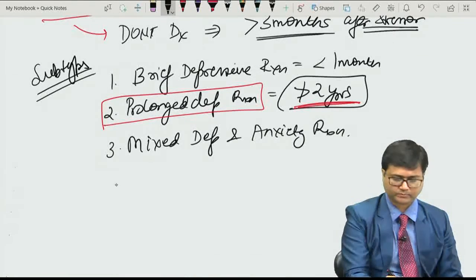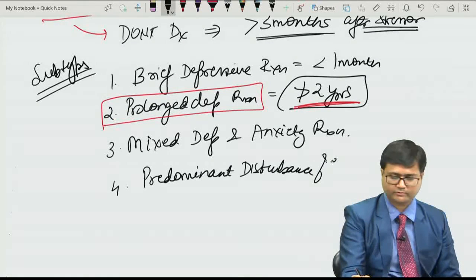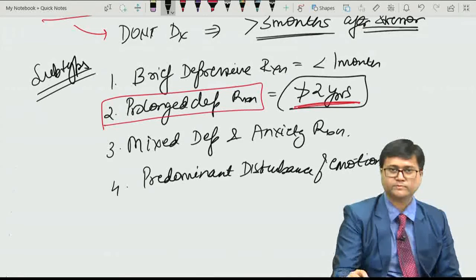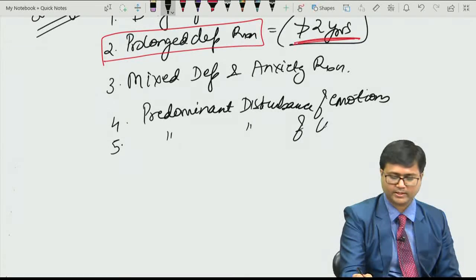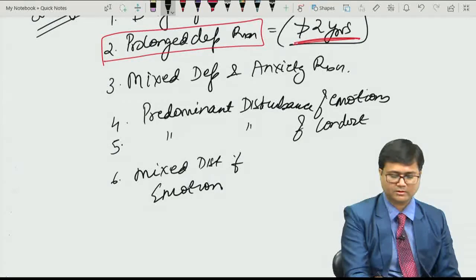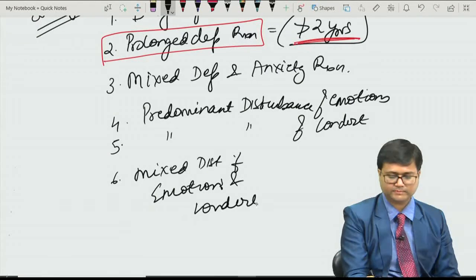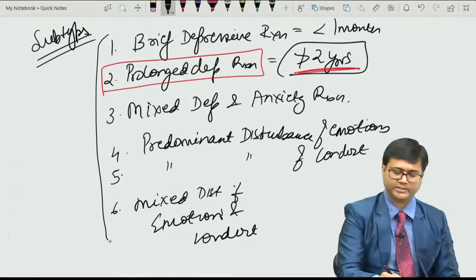Then there may be predominant disturbance of emotions, then predominant disturbance of conduct, that is of the behavior, or there may be mixed disturbance of emotions and conduct. So these are some of the important subtypes of adjustment disorder.